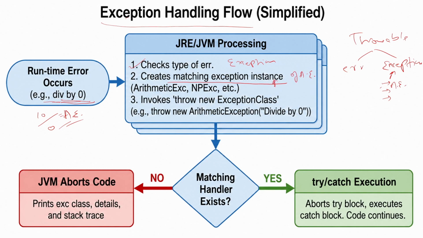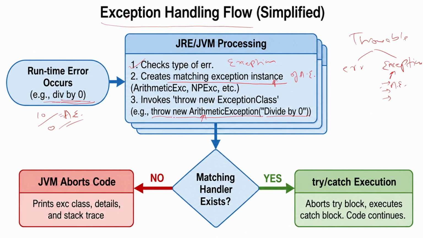Instance means an object: new ArithmeticException with the parameter. So it creates an object of the matching exception class. The third step is throwing: it will throw this exception.